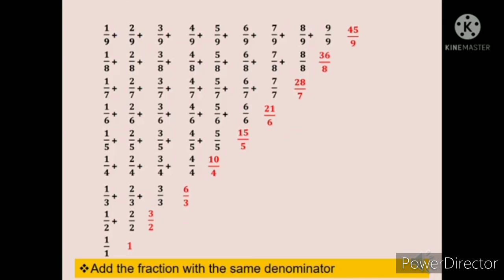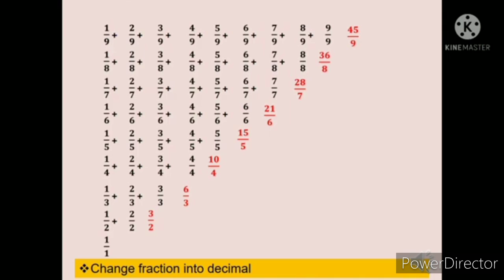And, ikakopy lang natin ang denominator. So, ganun din po sa iba. So, meron tayong 36 over 8, 28 over 7, 21 over 6, 15 over 5, 10 over 4, 6 over 3, 3 over 2, and 1.